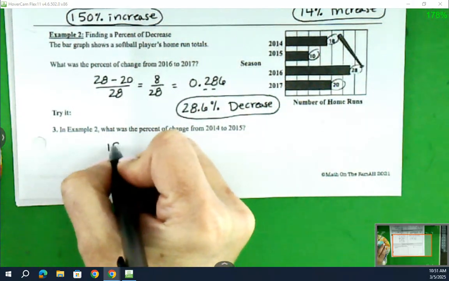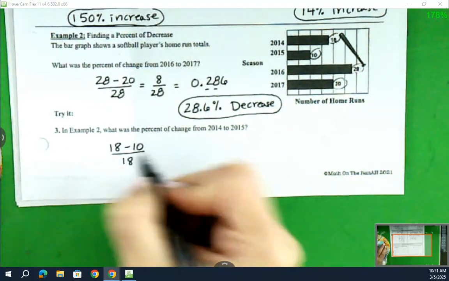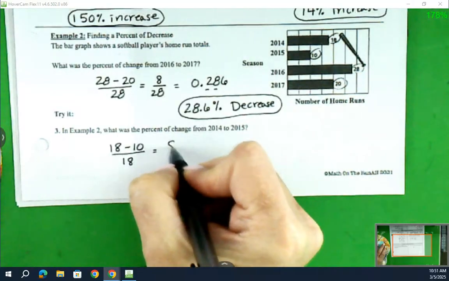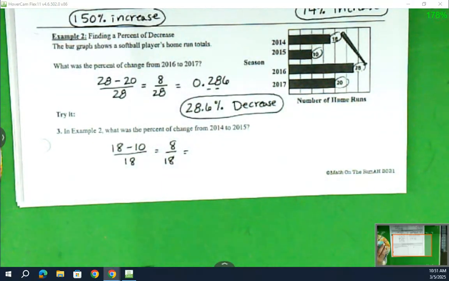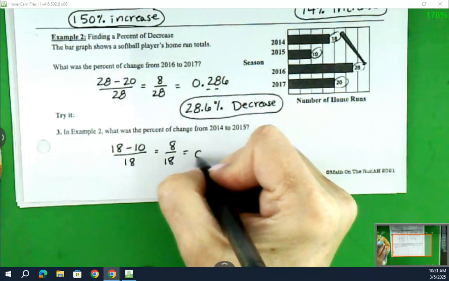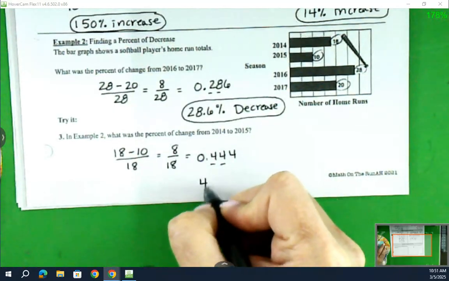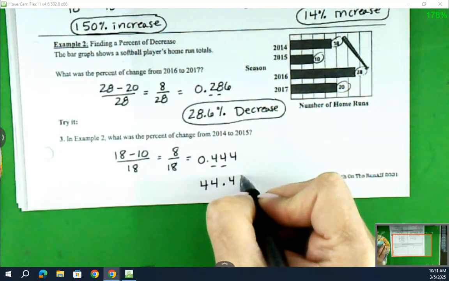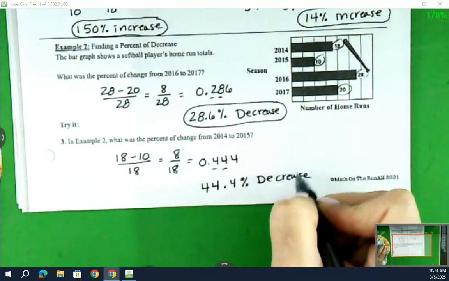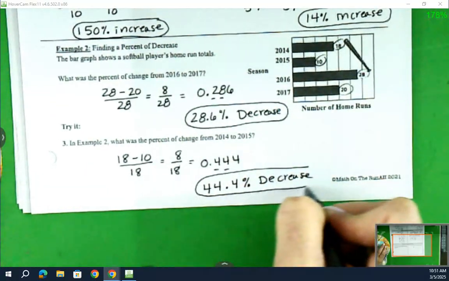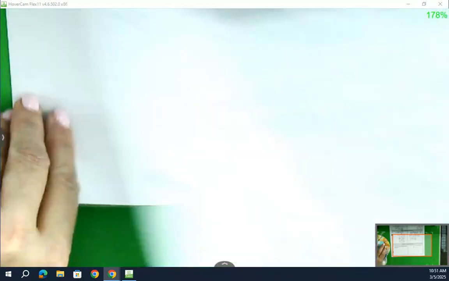So we have 18 minus 10 over the original 18. 18 minus 10 is 8. 8 divided by 18, numerator divided by denominator, we get 0.444. So that's going to be 44.4% decrease. Okay, we're going to turn it over to the next side.